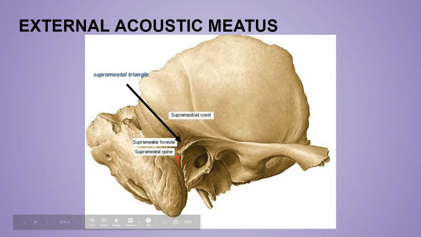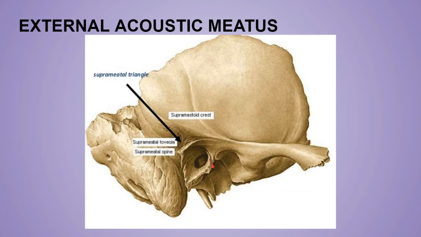Now this external acoustic meatus, first of all we talk about this. The external acoustic meatus opens just below the posterior part of the posterior root of the zygomatic arch. This is the posterior root, so just below that, over here. Okay, now first of all its margins. You can see the anterior margin, inferior margin, and the postero-inferior margin.